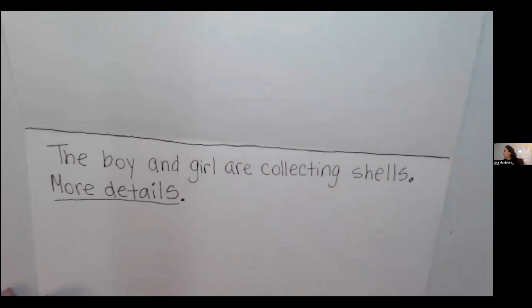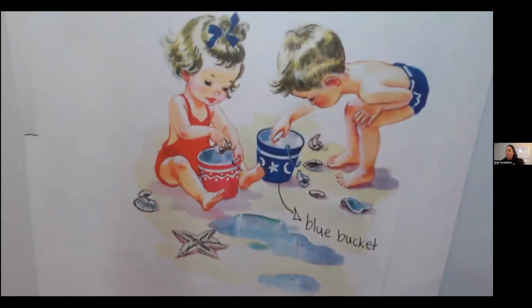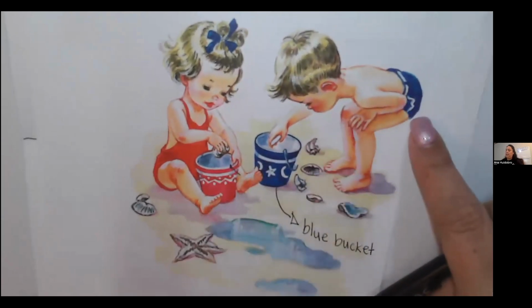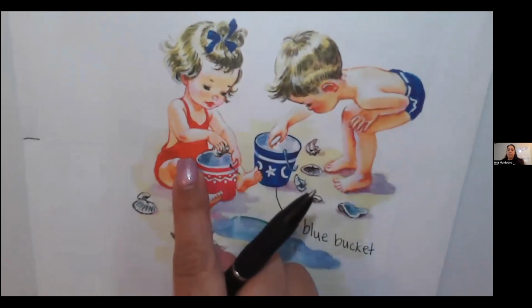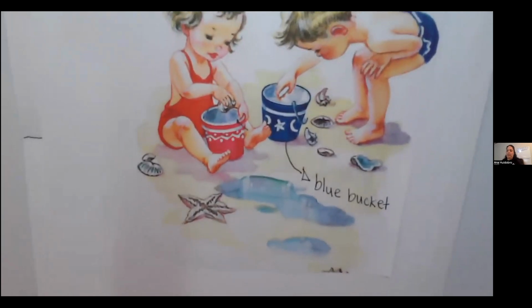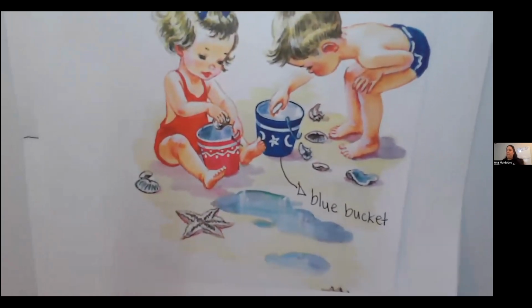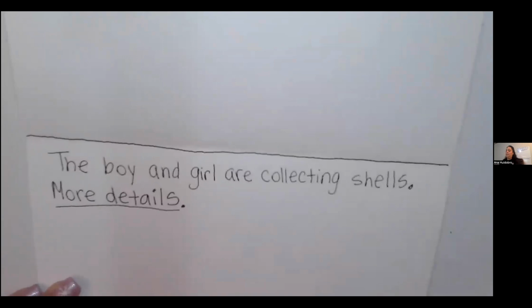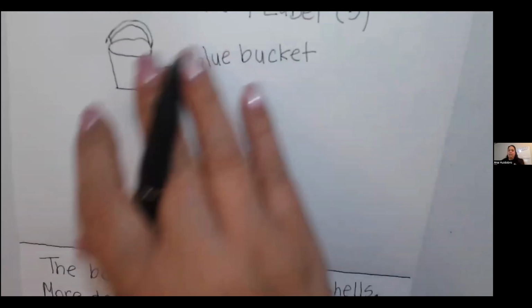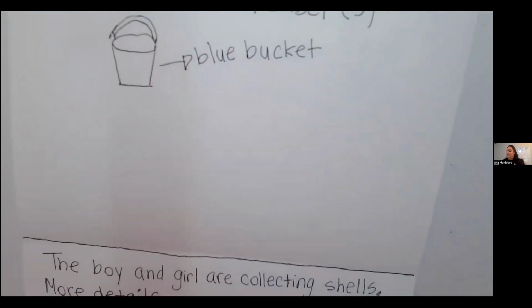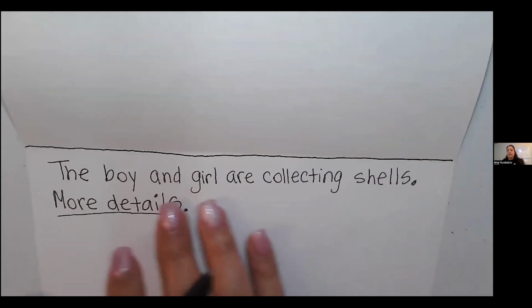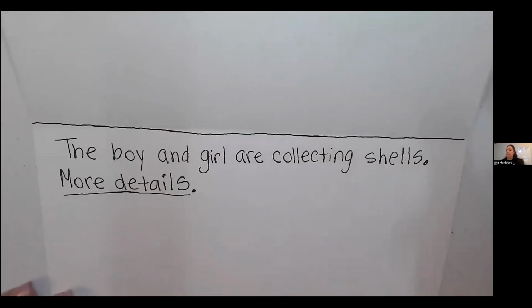Or the boy in the blue shorts and the girl in the red swimsuit are collecting shells. There's all kinds of different ways. So I want you to maybe, if you can, use a couple of the ideas up here and make this sentence a little more detailed, a little more interesting.